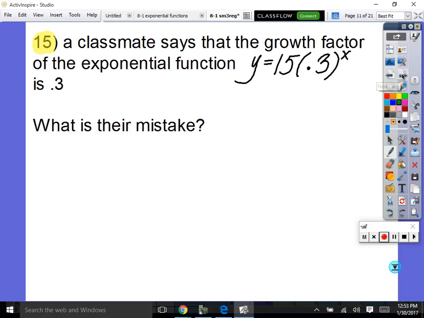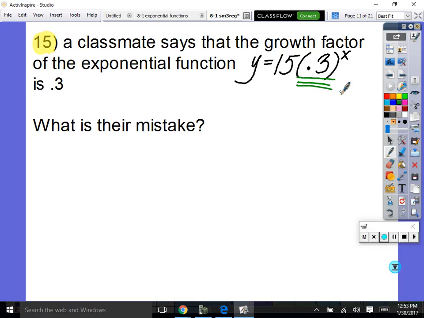Okay, awesome. This is the last one, and I'm going to let you just go for it. A classmate, so everybody watch, because this is what tricks people. It says a classmate says that the growth factor of the exponential function y equals 15 times 0.3 to the x is 0.3. What is their mistake? First of all, it's not growth.